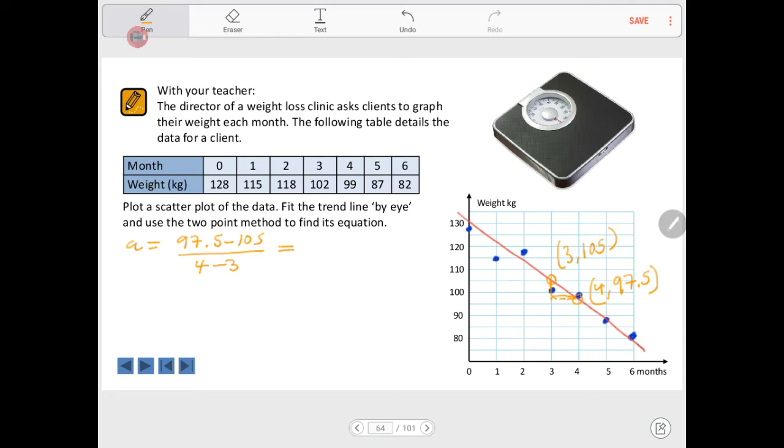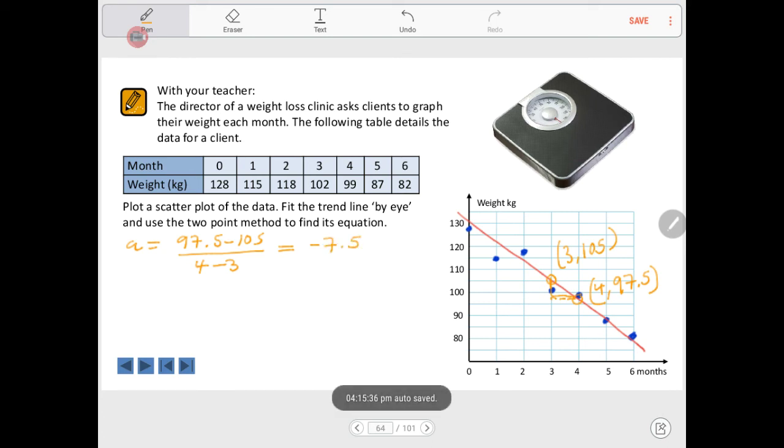Okay, so for that, you might want to pause the video now and see if you can work that out. Then I'll show you the answer. And we get negative 7.5 is our gradient.